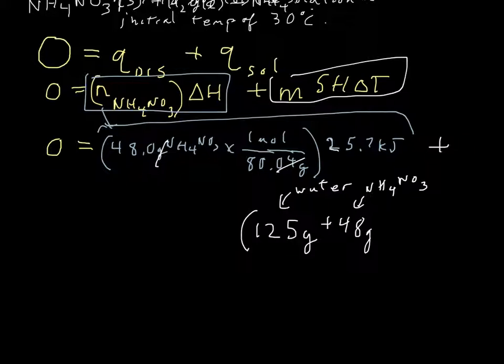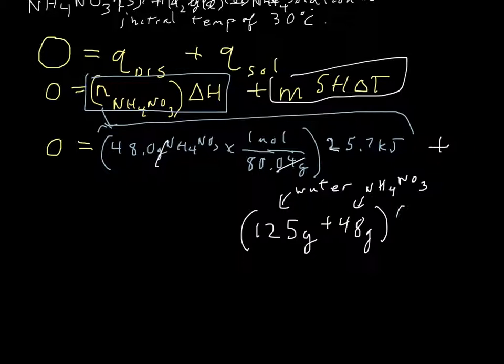I think that if you got this problem wrong, that's the most likely spot. They're telling you to assume that the specific heat of the solution is 4.18 joules. That means you definitely have to include that ammonium nitrate as part of the mass of your overall solution.